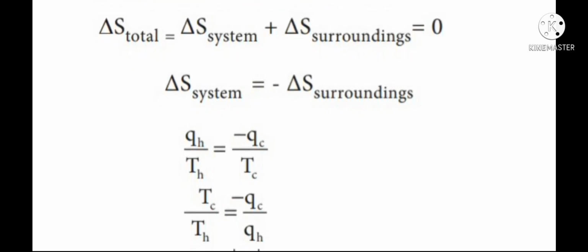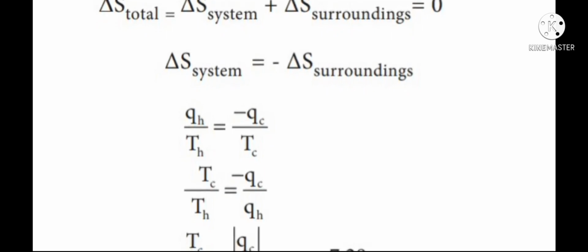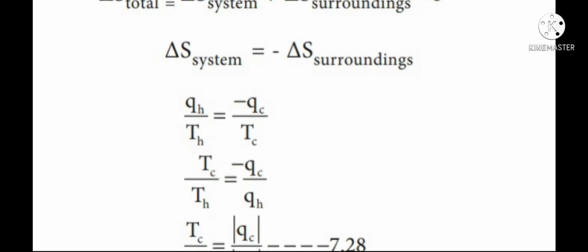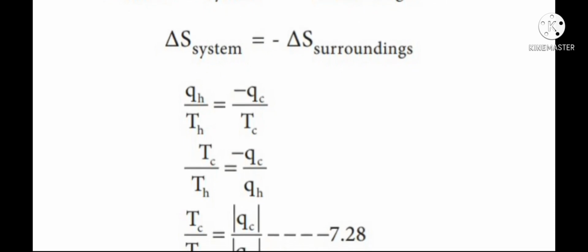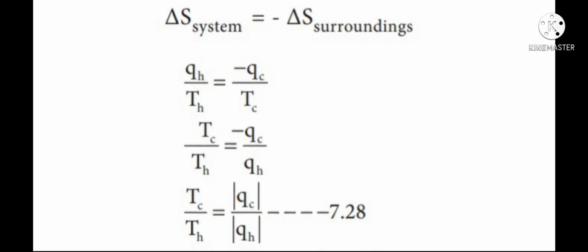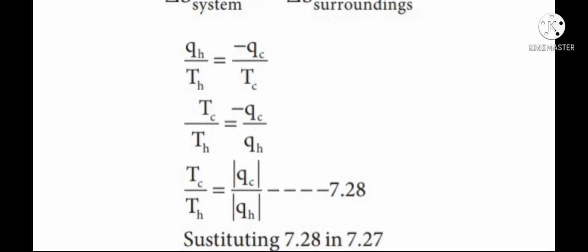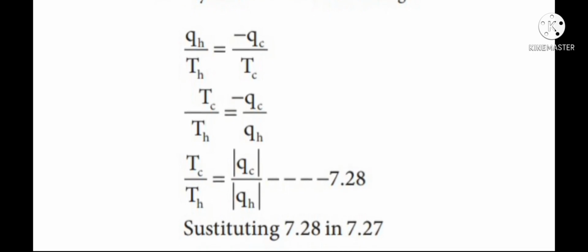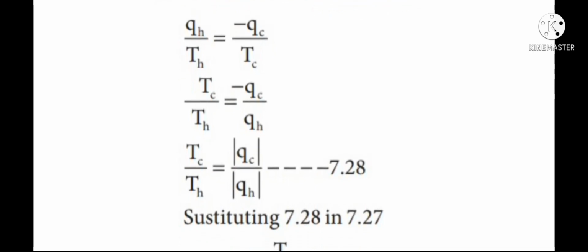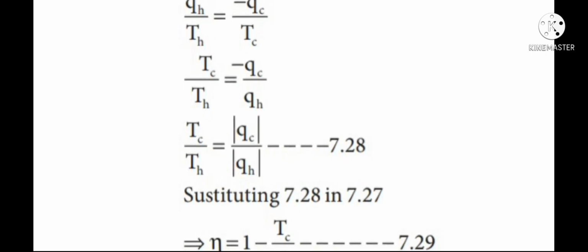Substitute the values in delta S system is equal to minus delta S surrounding. We will get QH by TH is equal to minus QC by TC. Rearranging the above equation, we will get TC by TH is equal to modulus of QC by modulus of QH.